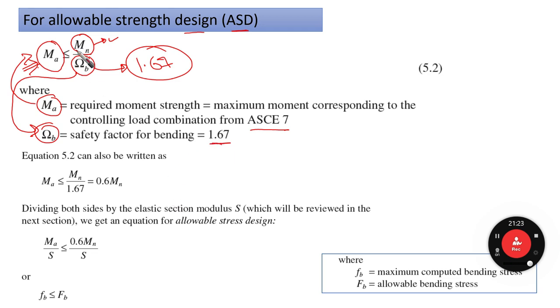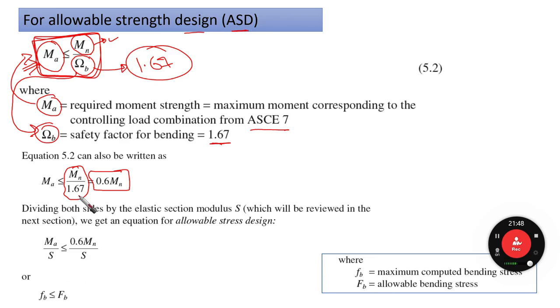This equation we can put in another form that is easier to understand. Instead of Mn over 1.67, it is going to be 0.6 Mn.